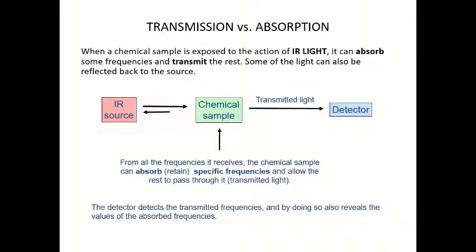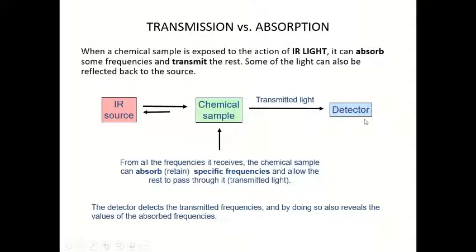How does it work, right? You have the IR source, you have the chemical sample, and you have a detector. When the IR source irradiates the sample, some energy, or wavelength or frequency, is getting absorbed, and the other is getting transmitted.